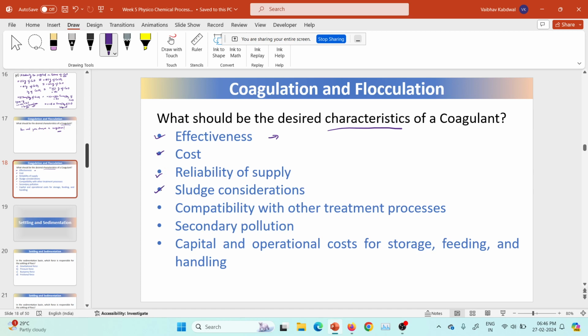How much sludge is being generated, and whether we have a facility to dispose of the sludge or not. If sludge is generated, we have to dispose of it in landfills because this is inorganic sludge most of the time. If inorganic, it cannot be digested.